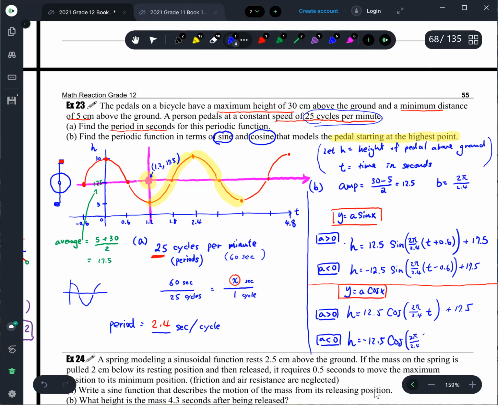And then bracket. You have to start with t. Yeah, t minus 1.2. Bracket, plus 17.5.